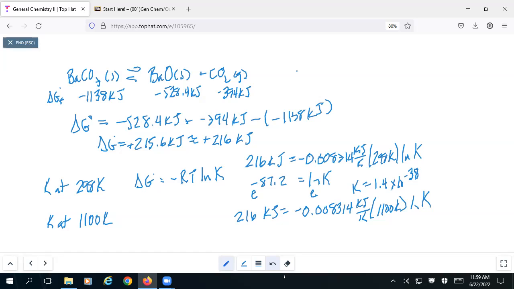And so this time we would get only negative 23.6 as the natural log of K, which would give us a K value of 5.5 times 10 to the negative 11th.